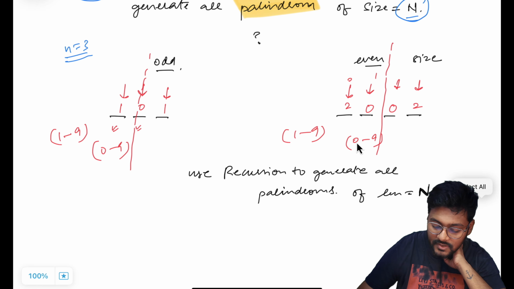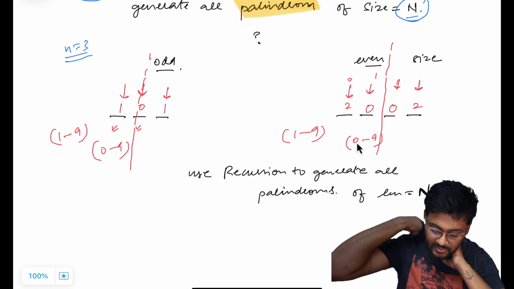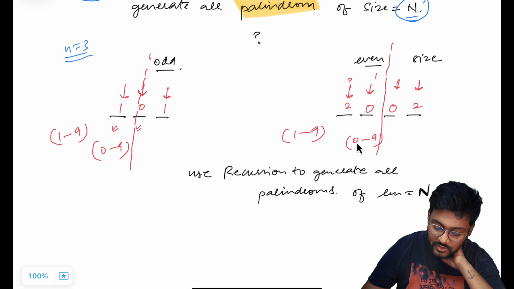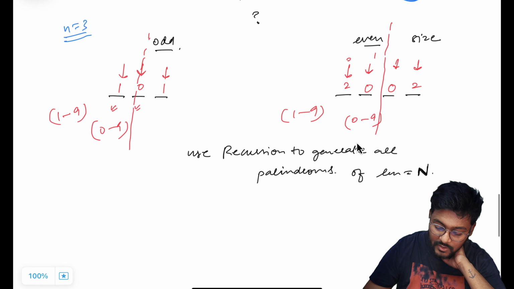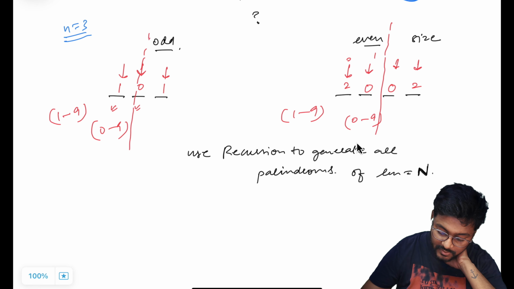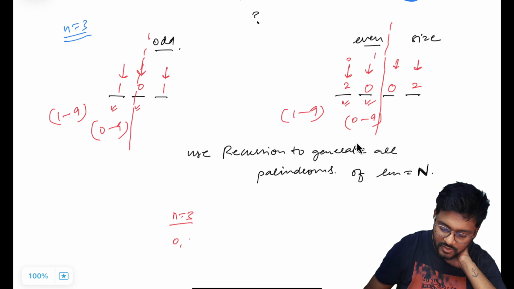So in the even case, we are having the digits divided into two halves. In the odd case, the middle digit itself will behave like a mirror. And then what I have to do is, I just need to know how many indices I need to cover. Index 0 I have to cover, index 1 I have to cover. So in the case of n equal to 3, I will go to 0 and 1.